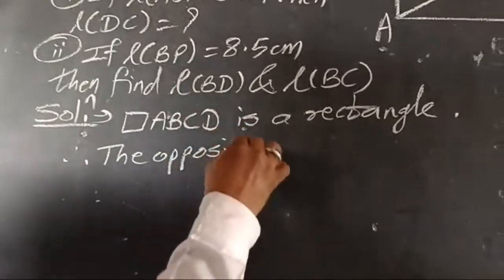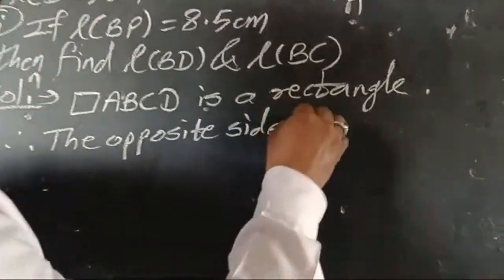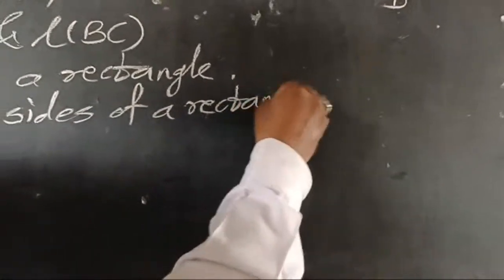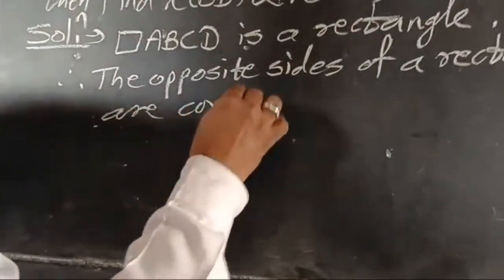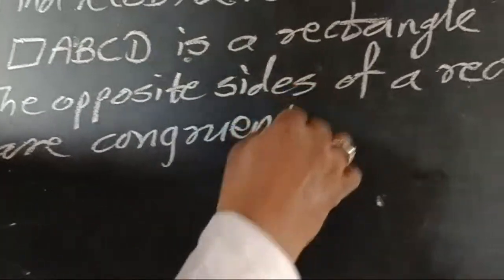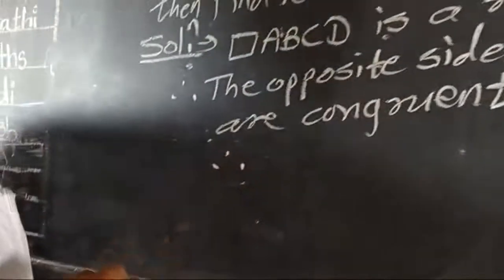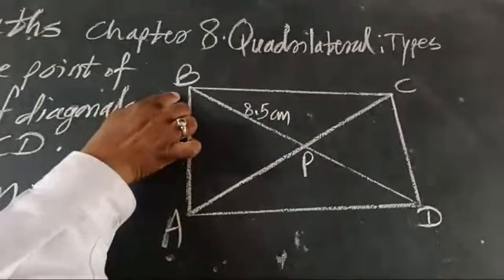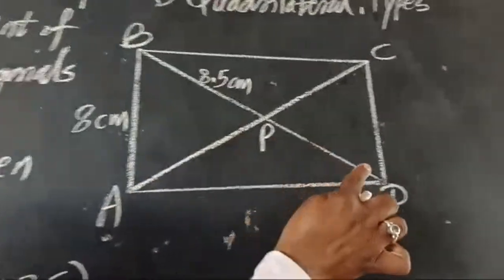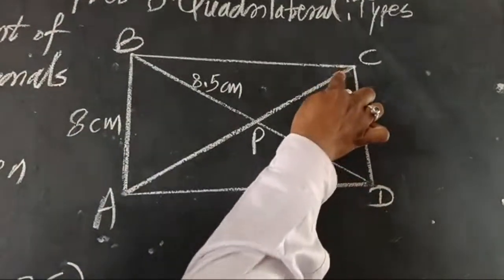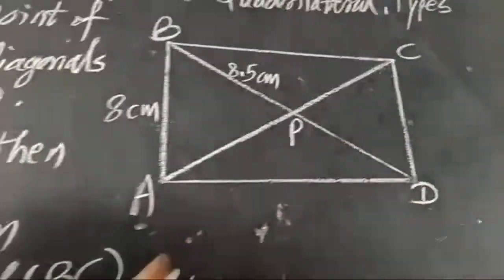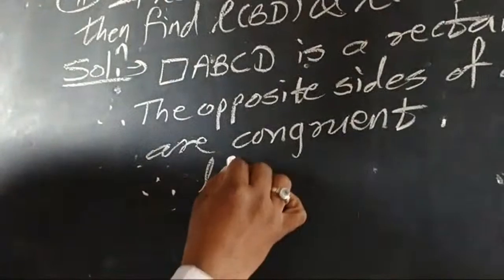The opposite sides of a rectangle are congruent, and therefore length AB and length DC are congruent, meaning equal.